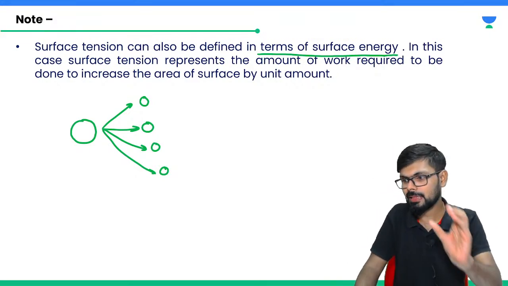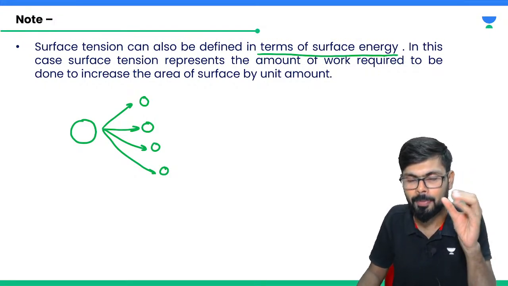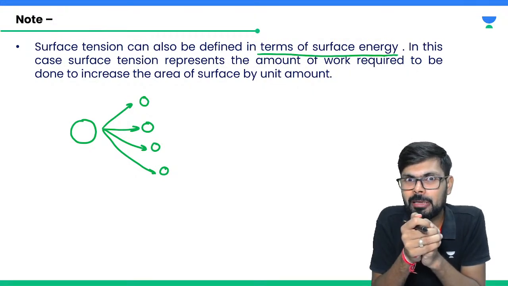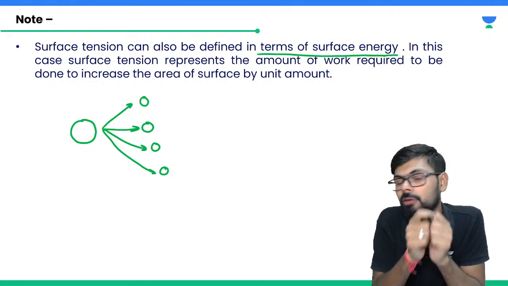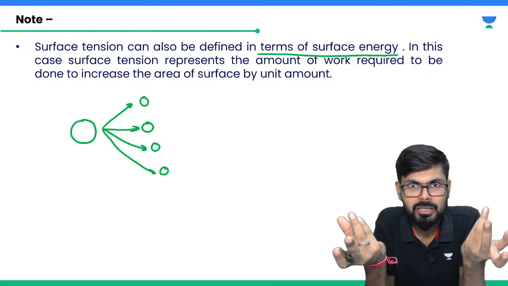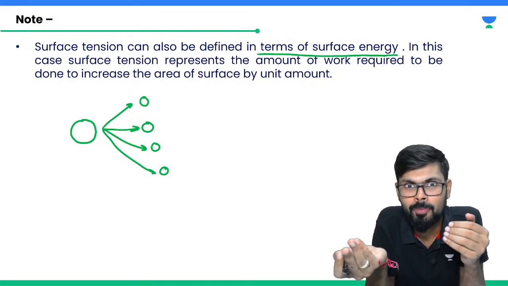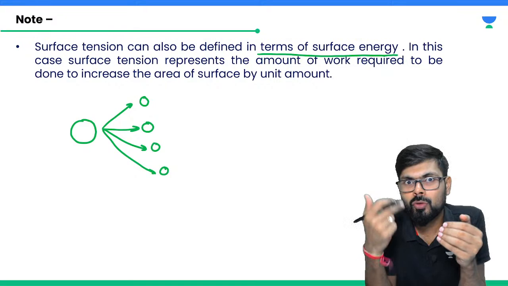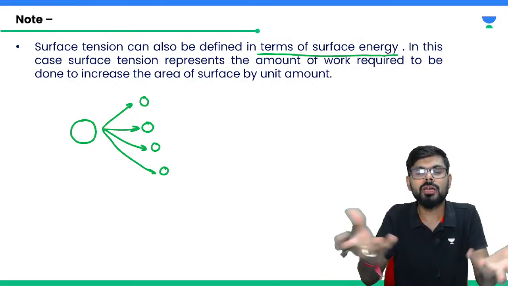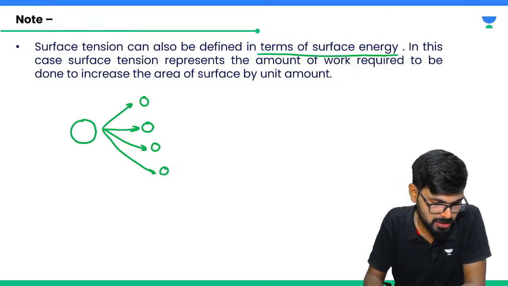The question is very simple: if you have one big liquid droplet and you break it into a number of pieces, then you need to do some work, but the law of conservation of energy is there. Whatever work we did is going to be converted into some other form. So basically, where did that energy go? This is my question.